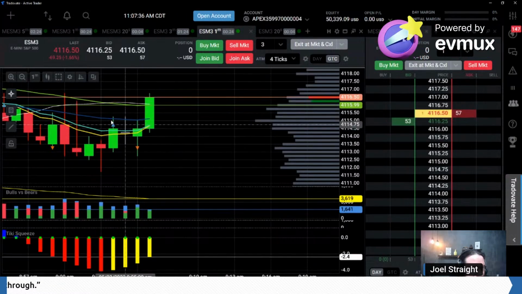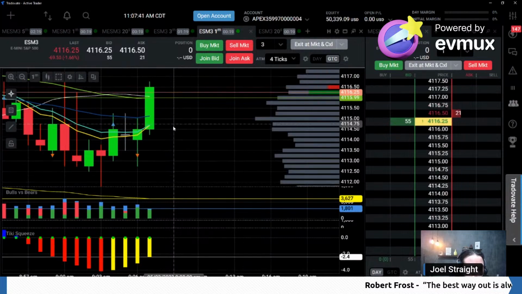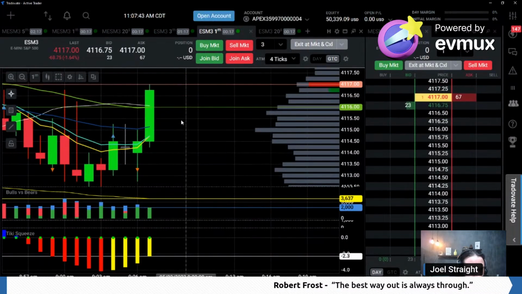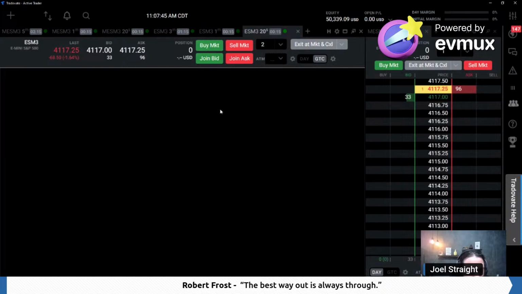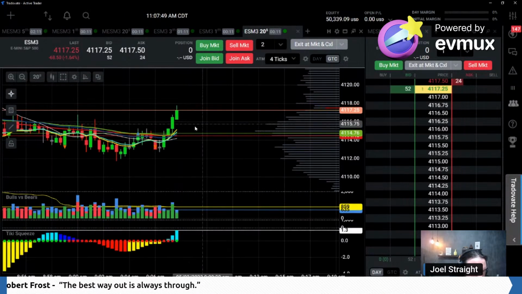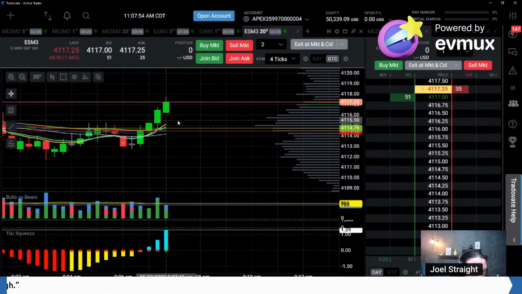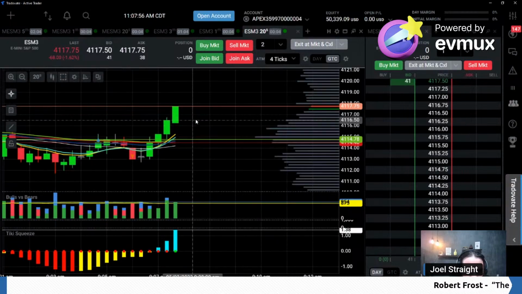Man, each one of these that I filled on the low like that ended up ripping back up. You gotta be kidding me. That's pretty frustrating.